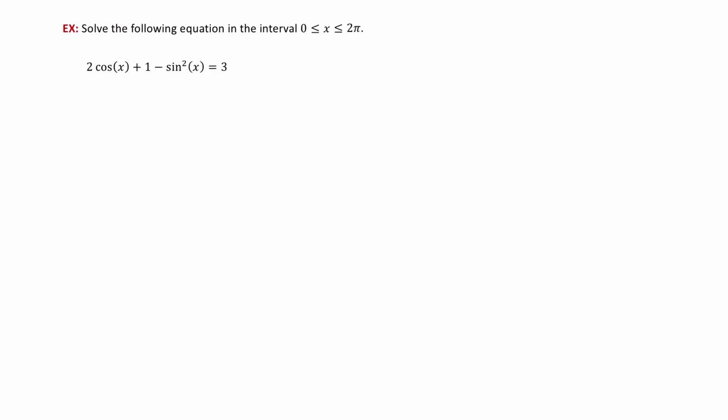So here we have the very first one. They're asking us to solve the following equation, this one right here, within the interval 0 to 2 pi. So when I look at this equation, I do see that I have a square, which is good, already kind of signaling possibly factoring, but I'm not ready for that yet.